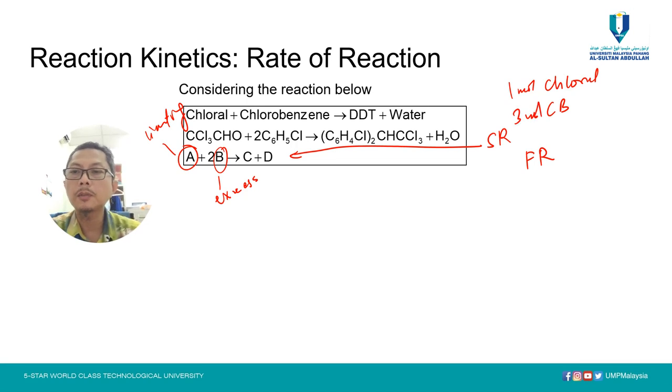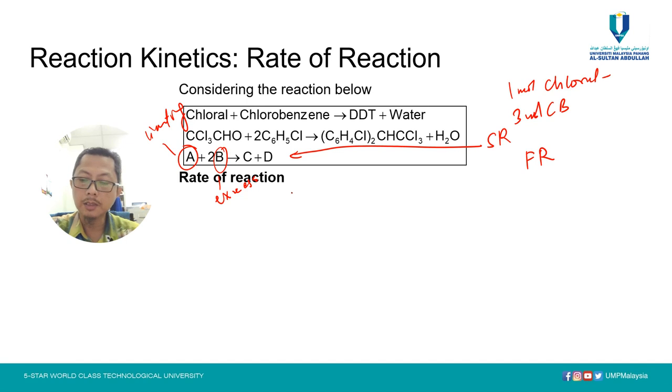So definitely we will finish the chlorine first, before the chlorobenzene. That means chlorine will be the limiting reactant for the reaction to occur. So we can symbolize chlorine as the limiting reactant. That's the way in chemical engineering we normally symbolize the species.